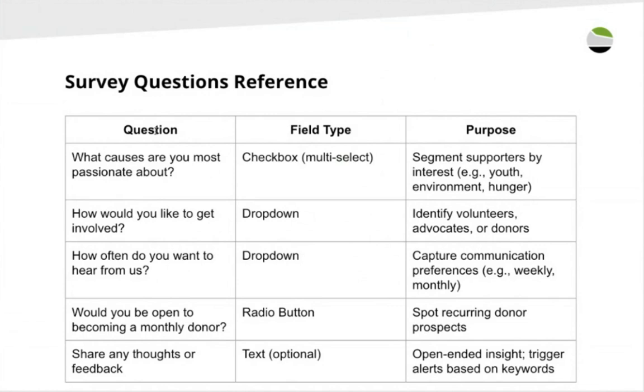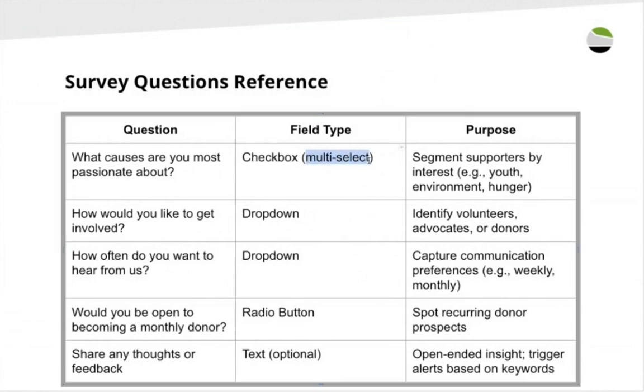In this case, you want to first think about your field type. For example, somebody can be passionate about multiple causes. So if you want to allow them to select multiple causes, in that case, it makes sense to make this a multi-select pick list in Salesforce.